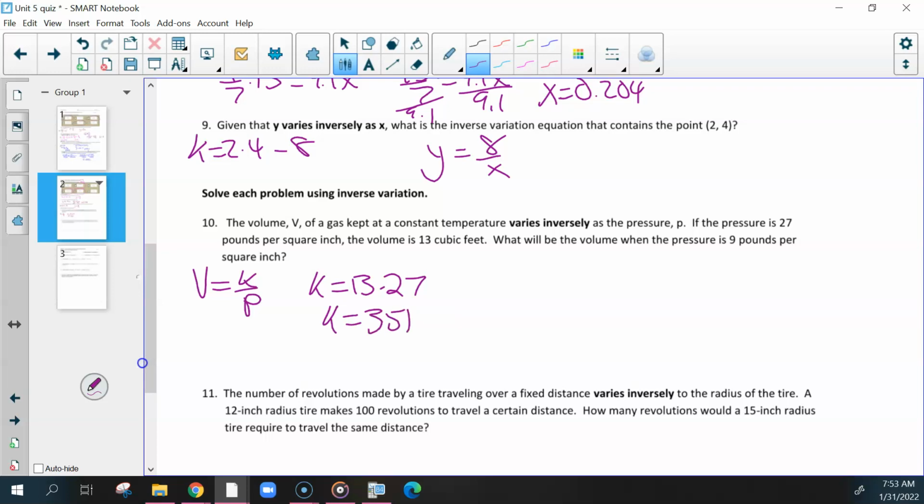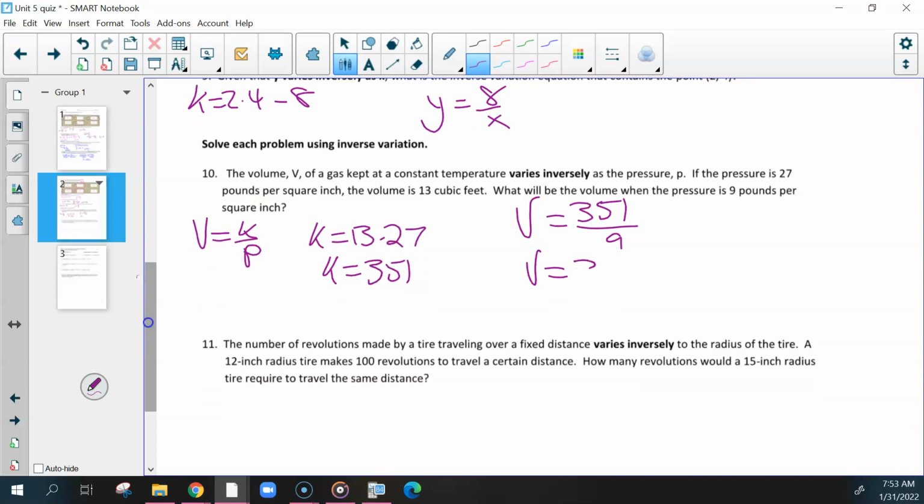And then you can take that 351 and put it back into your equation. We're looking for the volume. We know our K is 351, and we know our pressure is now 9. So if we divide that, we get 39. And since we're looking for volume, you have to find the unit volume used, which was cubic feet.